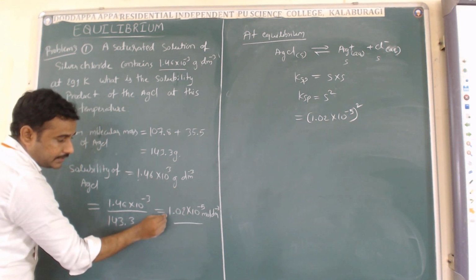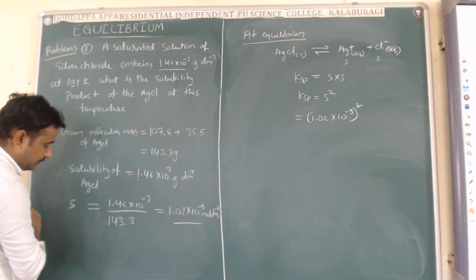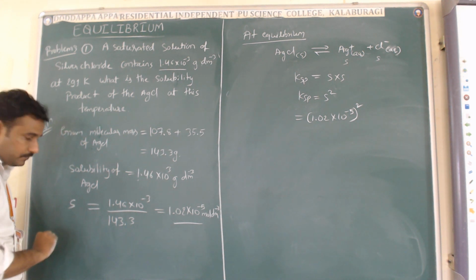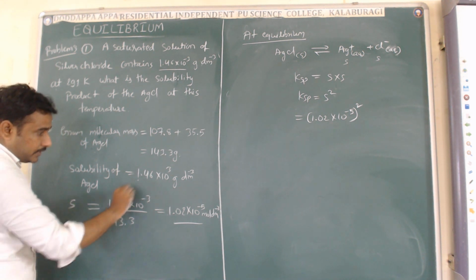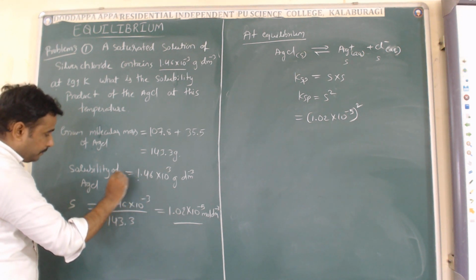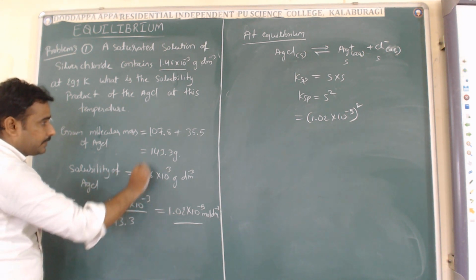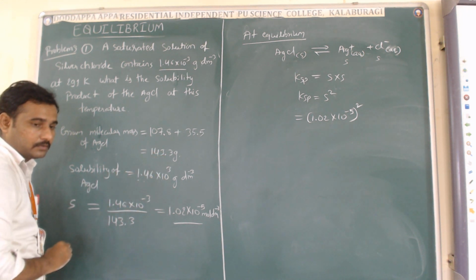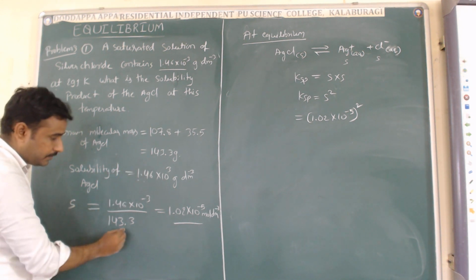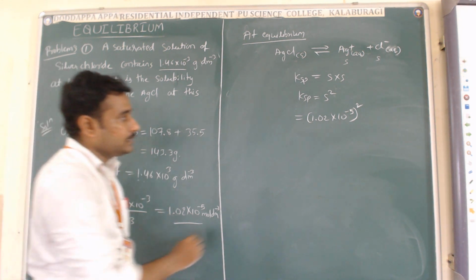The S value is the solubility of AgCl, 1.46 into 10 raised to minus 3 divided by the gram molecular mass 143.